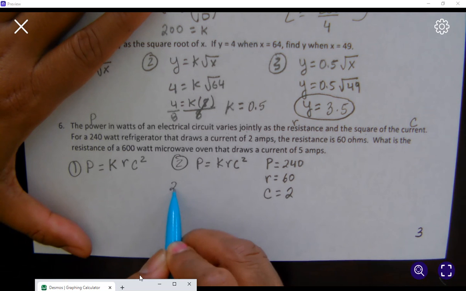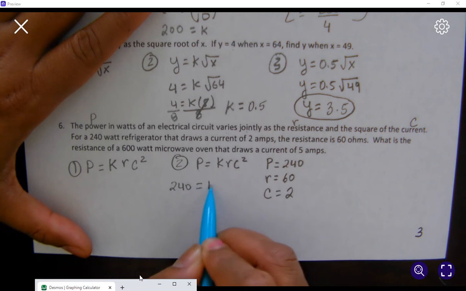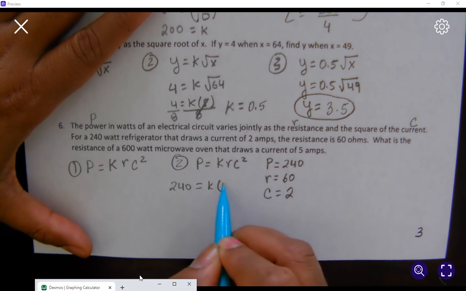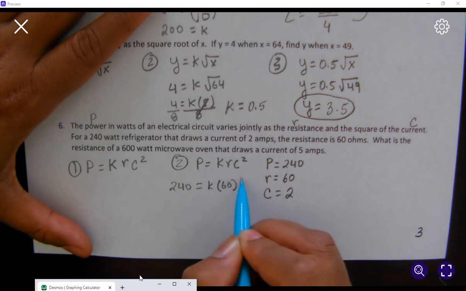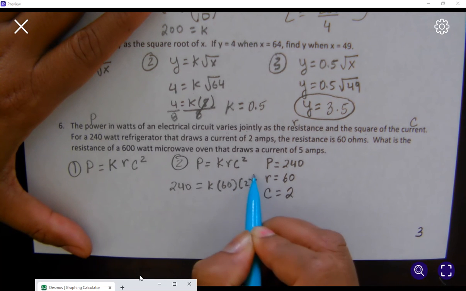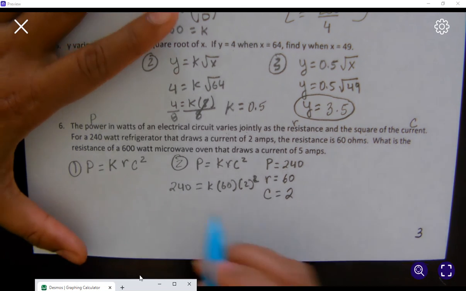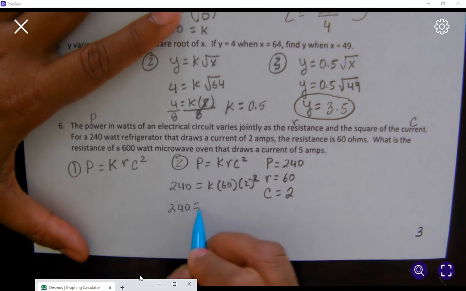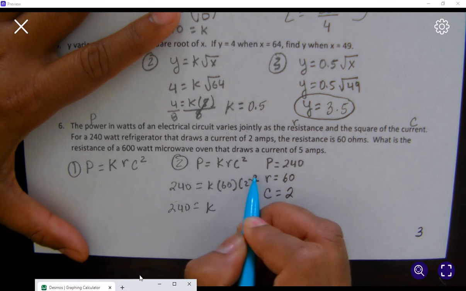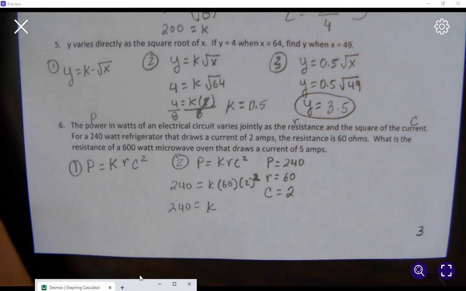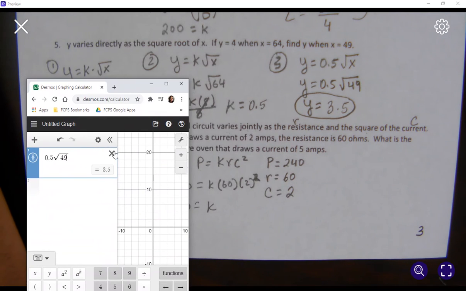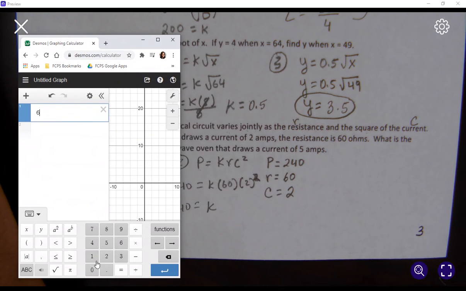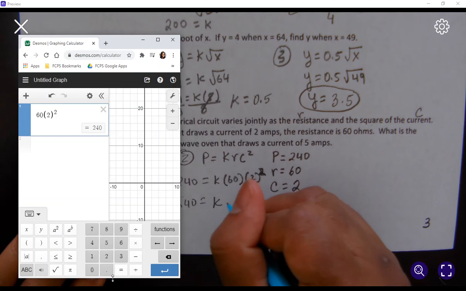So you have P is 240, and then my resistance is 60, and then my current is 2, and the current is being squared. So let me simplify all of this part, and I'm going to simplify it by just plugging it in my Desmos. So I'm going to do 60 times parentheses 2, and then it's being squared, so that's 240.